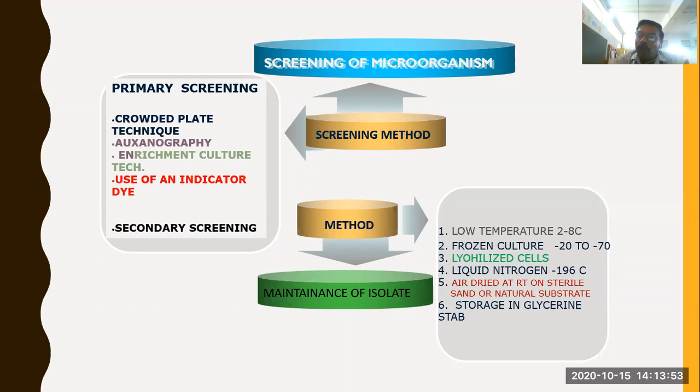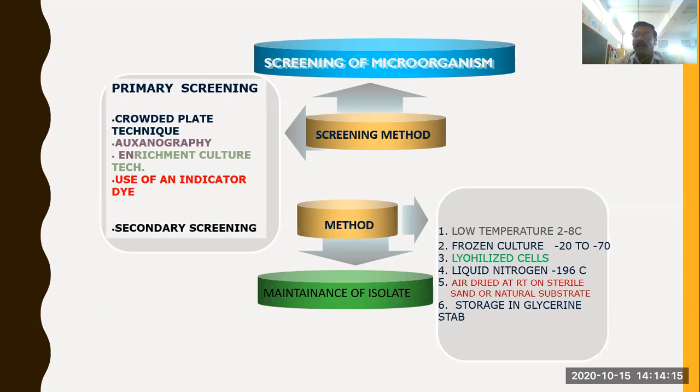Now, when you screen out certain microorganisms and isolate them from nature, it is your moral duty to preserve this culture. We call this the maintenance of isolates, and it is done by 6 important methods.